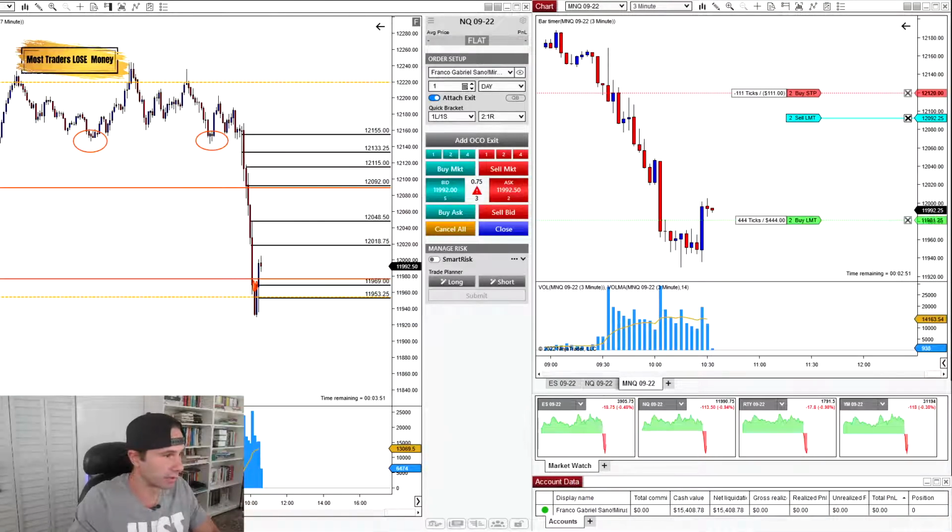Destroyed if this thing just comes down, right? In a retracement. So I want to be very, very careful with the tick chart.